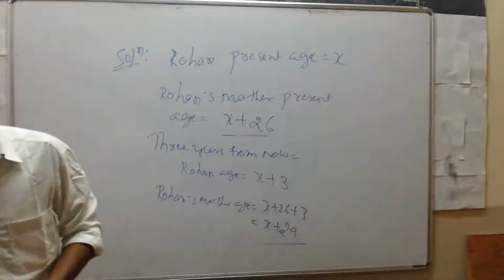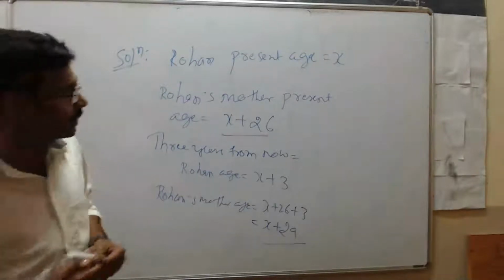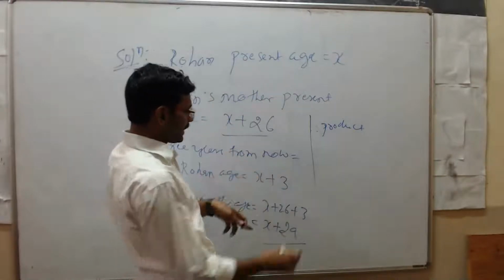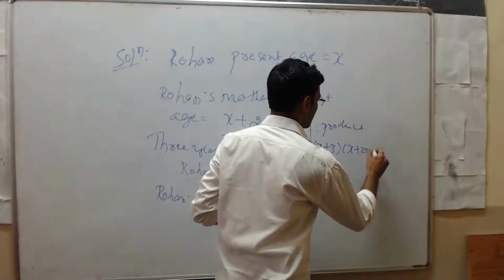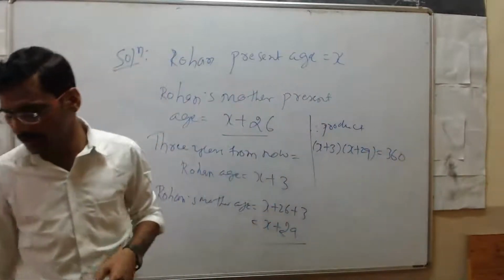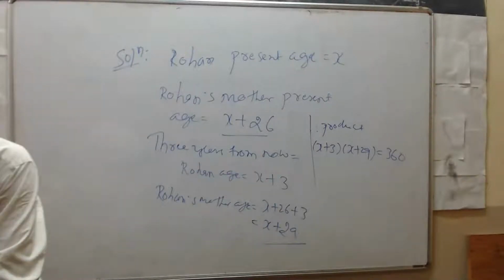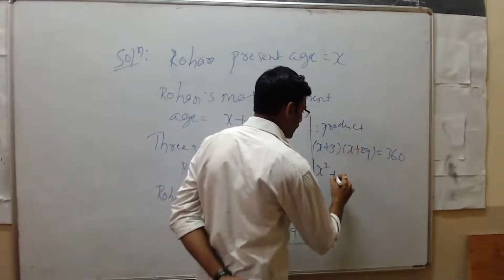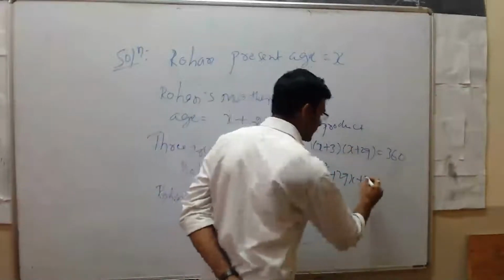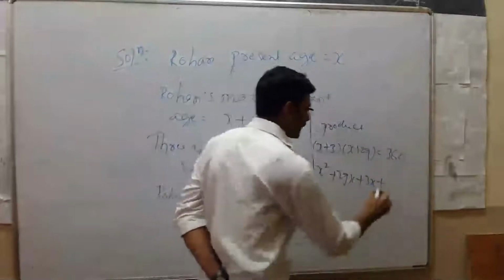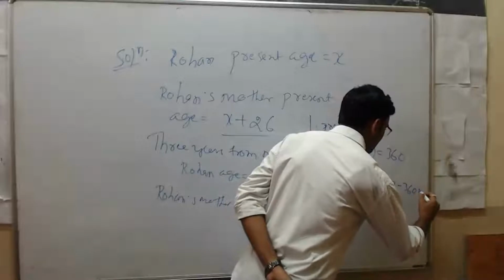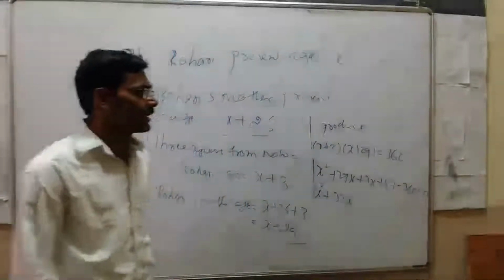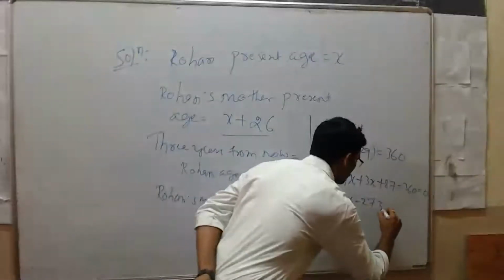Therefore, x plus 3 into x plus 29 is equal to 360. Multiplying: x into x is x square, x into 29 is 29x, 3 into x is 3x, 3 into 29 is 87. Moving 360 across, minus 360 is equal to 0. x square plus 29x plus 3x is 32x, and 87 minus 360 is minus 273. So x square plus 32x minus 273 is equal to 0.